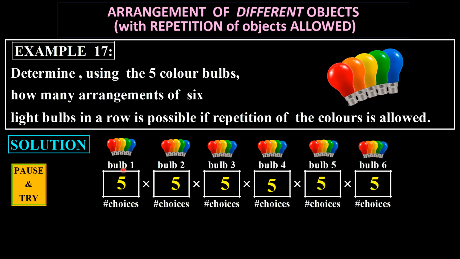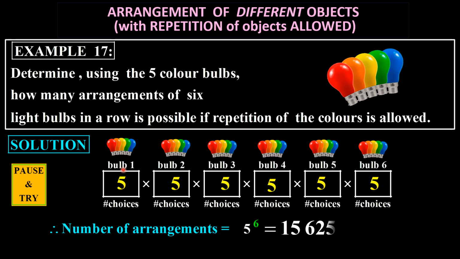So there are 6 positions, so the number of arrangements will be 5 to the exponent 6, which is 15,625. I can have red, red, red, red, red, red, or red, red, blue, blue, green, green. So you see there can be repetition of colors, and there are quite a lot of possible arrangements.